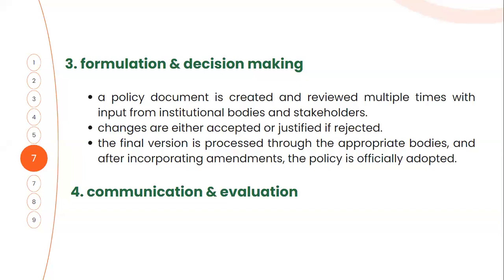Every single change that happens during the process is either accepted or justified if rejected. So if I say I don't want this point in this policy, I need to justify why, as a member or as a committee or at different levels, whatever level you're talking about. The final version should be processed through appropriate bodies.